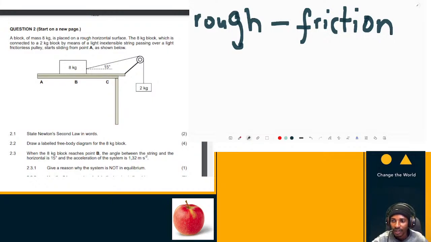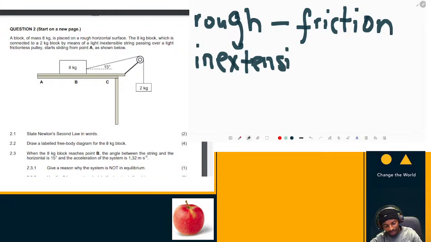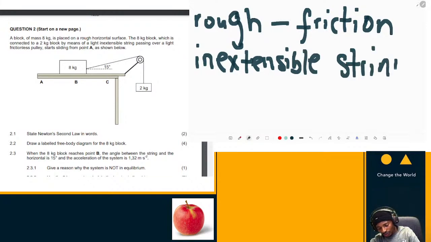The 8 kg block is connected to a 2 kg block by means of a light inextensible string passing over a light frictionless pulley, and starts sliding from point A as shown below. Inextensible string is one of the keywords we need to highlight.